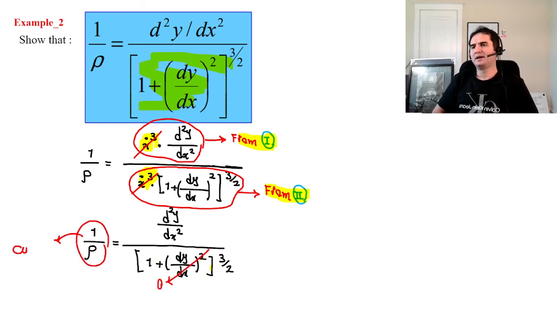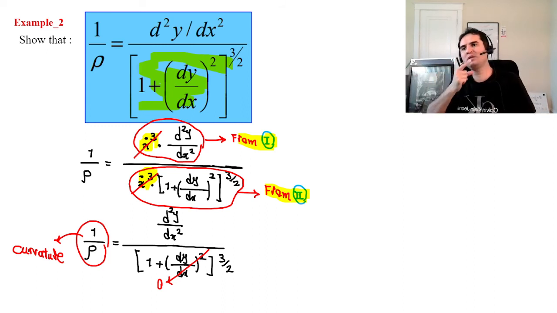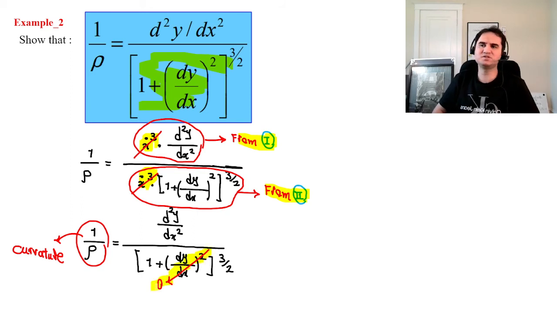And one can say dy over dx, the derivative of y in a beam, is small enough, and its square is relatively small. You can almost neglect it as a negligible amount that goes to zero in comparison to one.